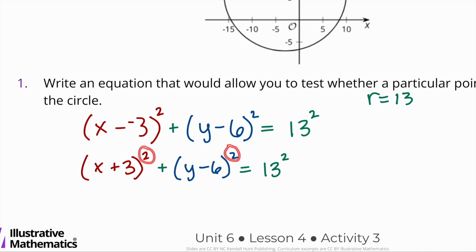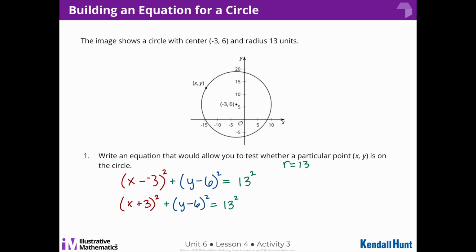It will always make this answer positive. So distances we don't measure in negative amounts, and that's why we're allowed to write our x and y's first instead of trying to subtract those from the numbers that come from the center. So what equation would allow you to test this point on the circle? Either of these are good options.